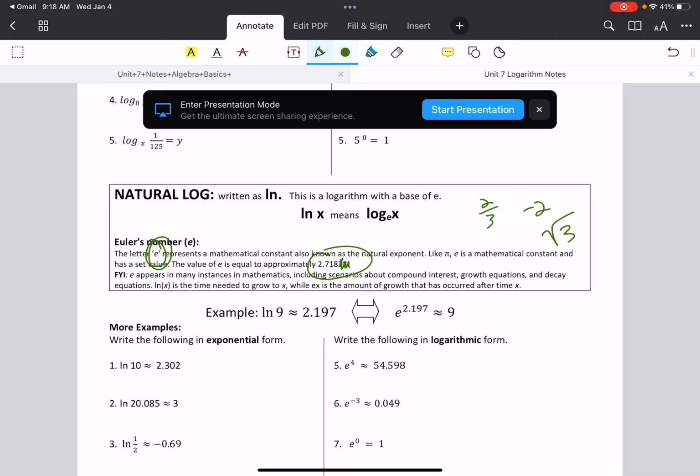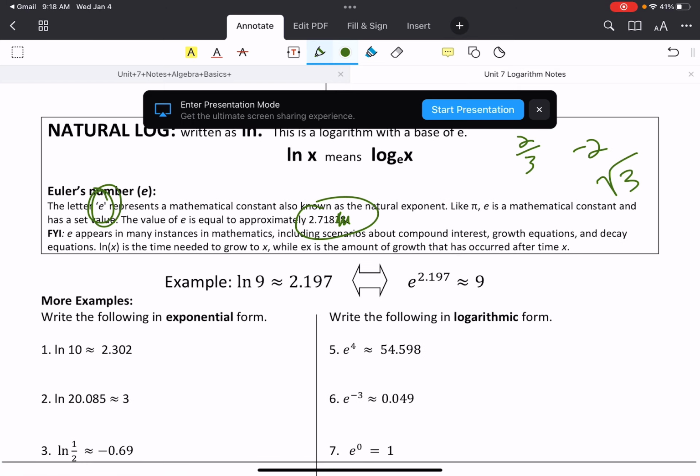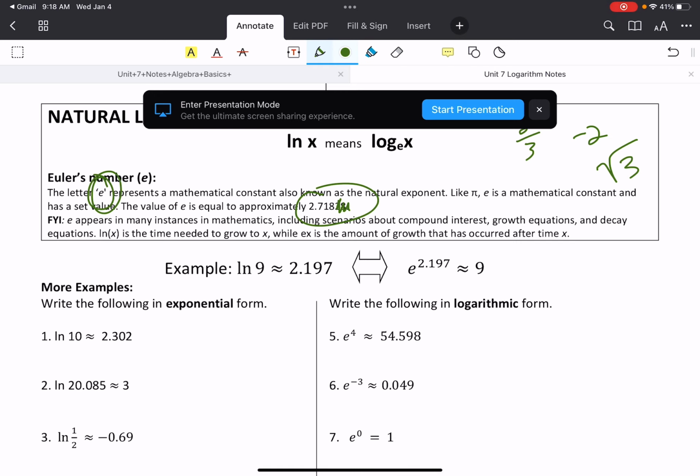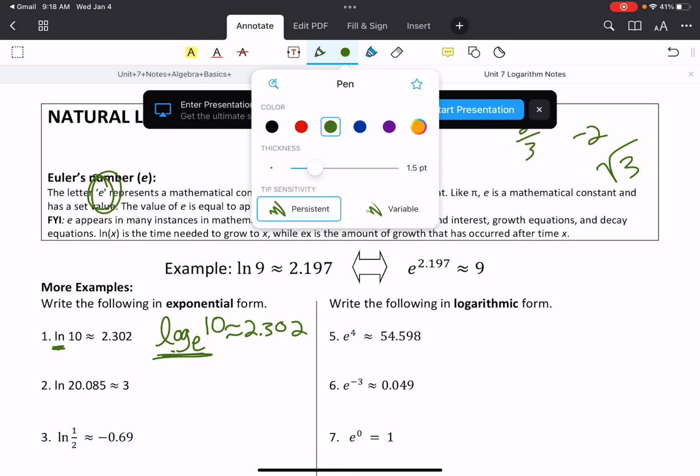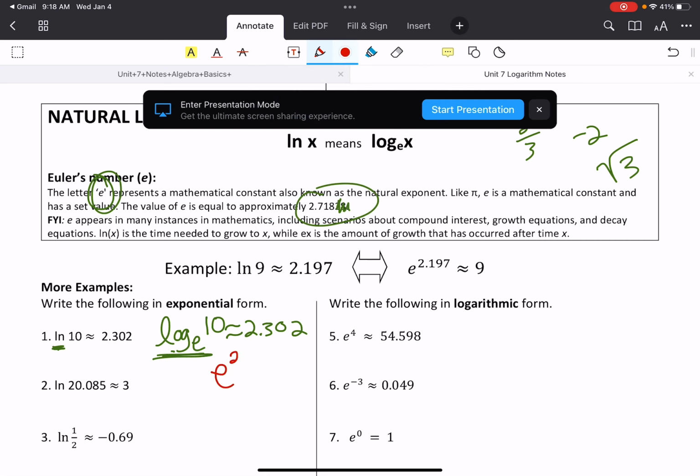We need a way to solve for the E. So that's where the ln comes in. Anytime you see ln, it's just the mathematician's lazy shorthand way of writing a log base E. So this is just the shortcut to writing this. Does that make sense? So when I rewrite that in exponential form, like the instructions tell me to, I'll say e to the 2.302 is about 10.